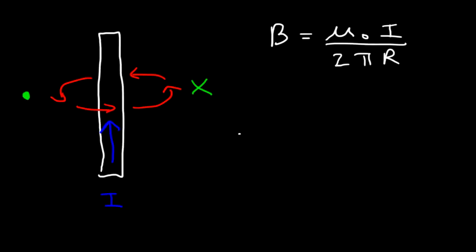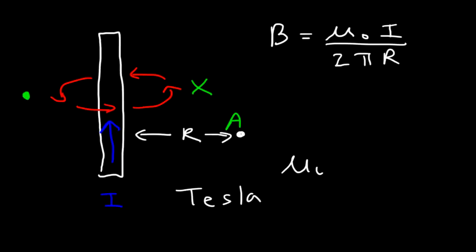Let's say you want to calculate the magnetic field some distance away from the wire at point A. r is the distance between the wire and point A. B is the strength of the magnetic field, measured in units of Tesla, or capital T. μ0 is equal to 4π times 10 to the minus 7. This is known as the permeability of free space, and the units are Tesla times meters per amp.